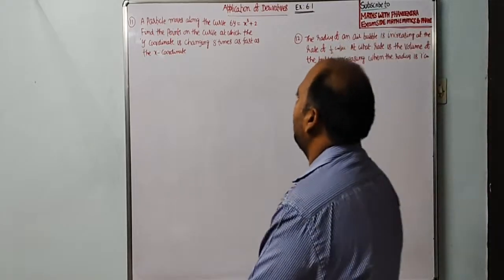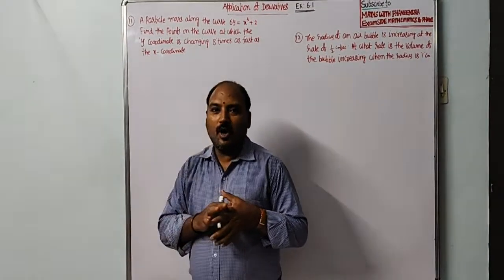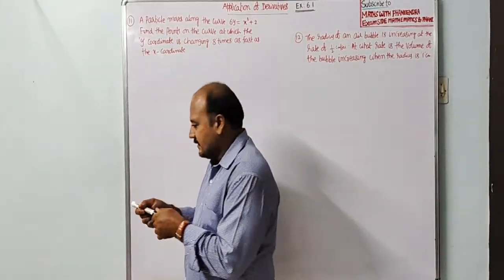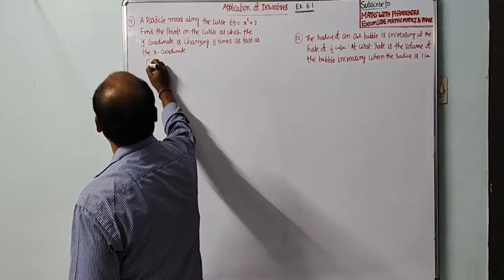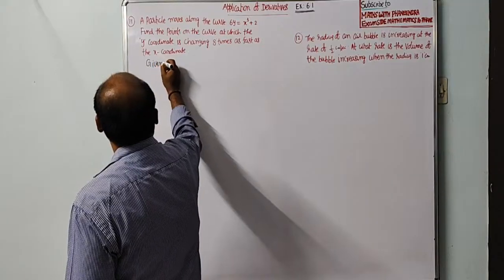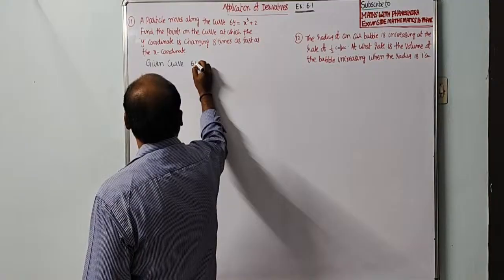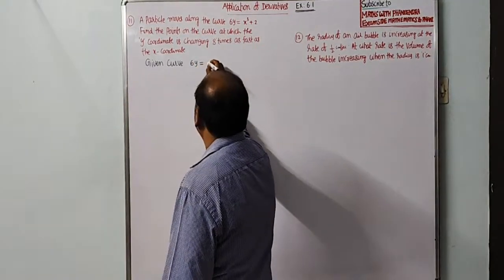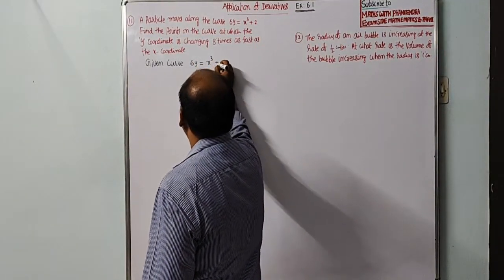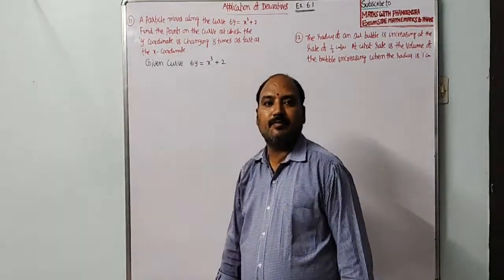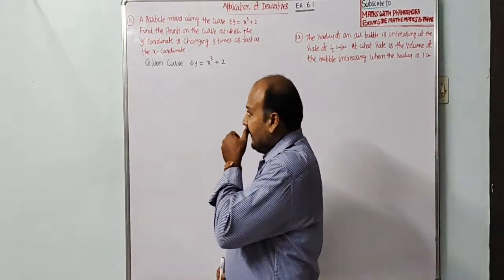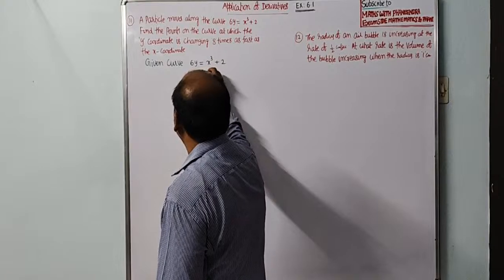Here first you have to write the given curve as it is. Given curve 6y is equal to x cube plus 2. Next, differentiate with respect to t.